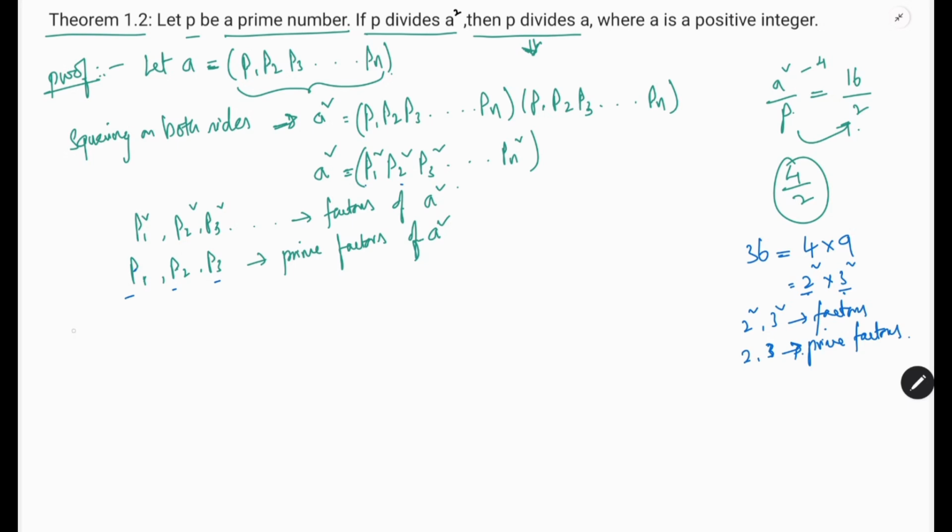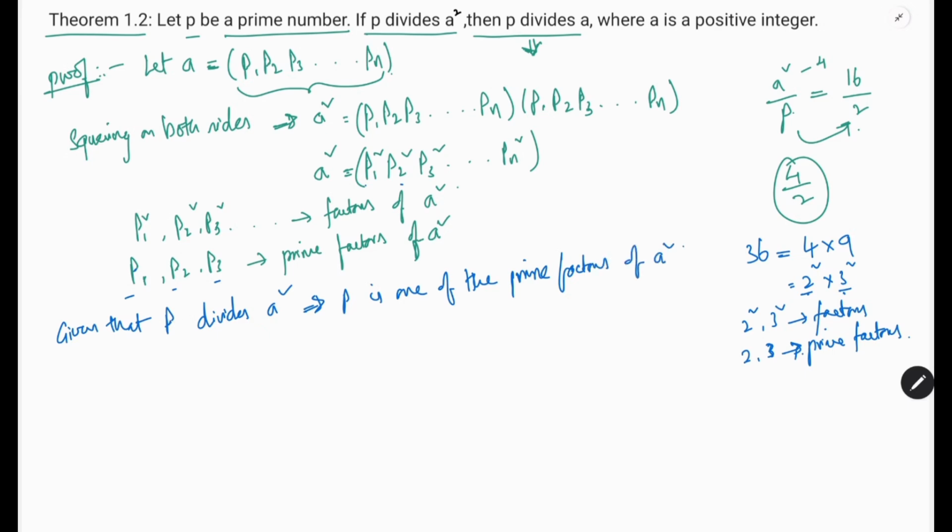So here in the question it is given that p divides a square. So that means p is one of the prime factors of a square.